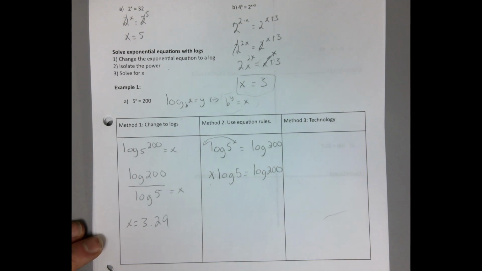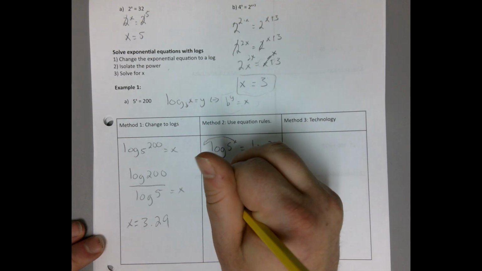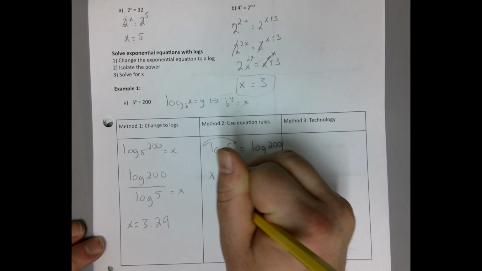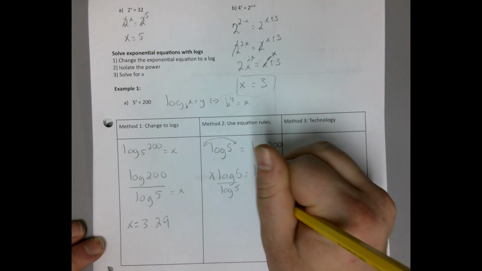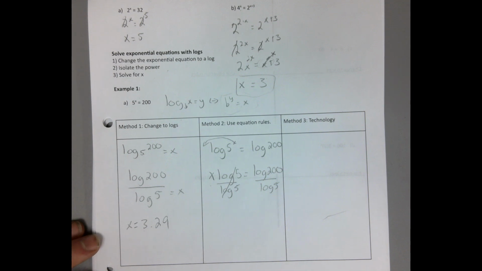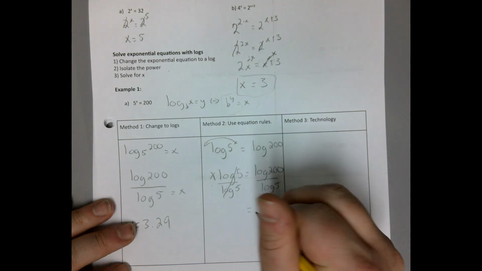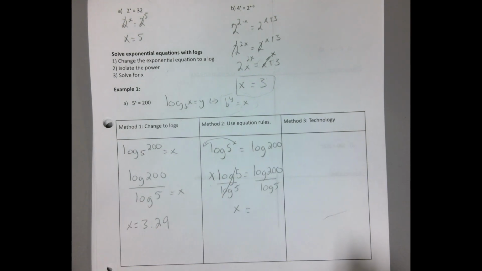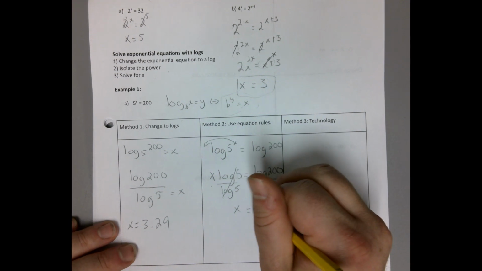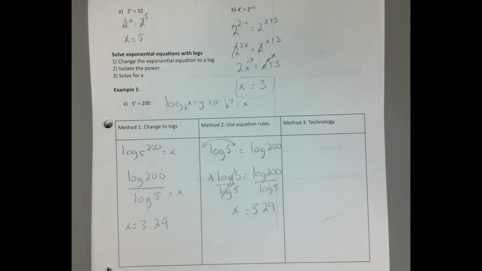We're going to do the opposite of timesing. Timesing is going to be dividing. So if I divide both sides by log 5, I'm going to isolate the x by itself. And we're going to go log 200 divided by log 5, which is what we did for the other one. We're just doing it in a different way now, right? 3.29 will be our answer.